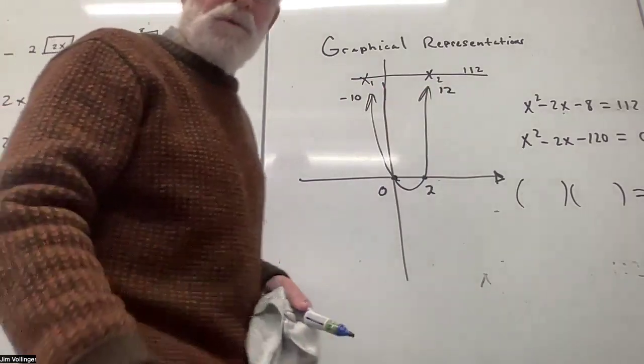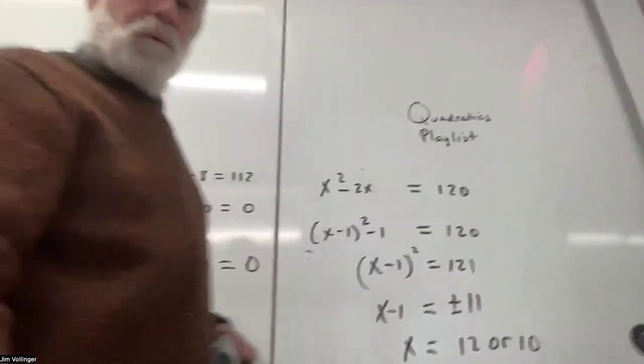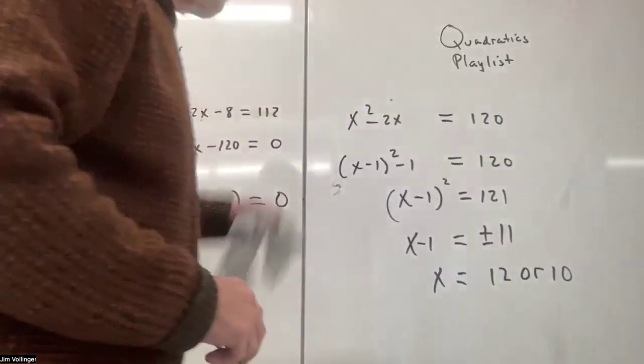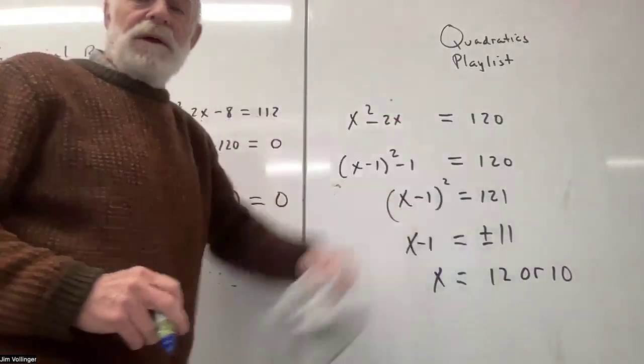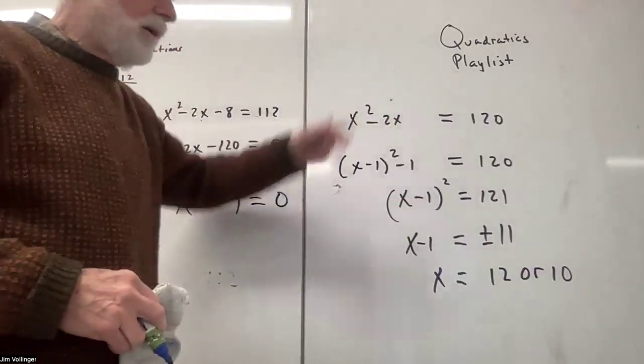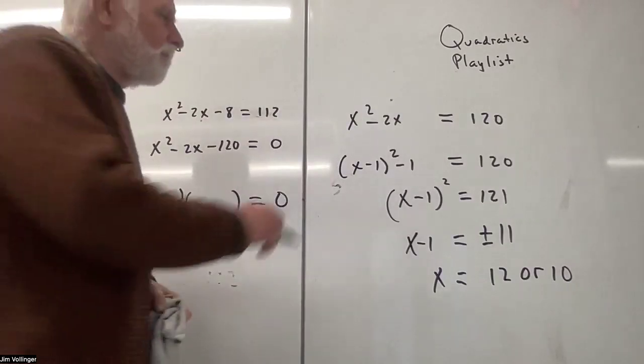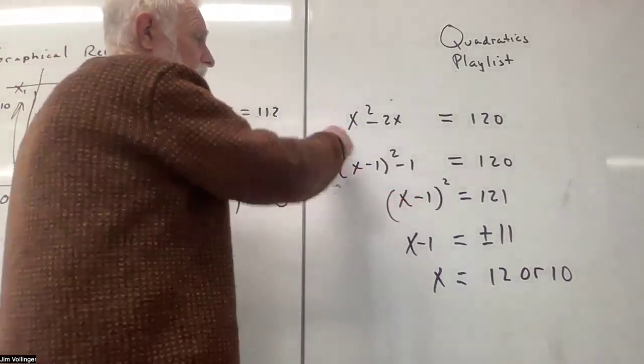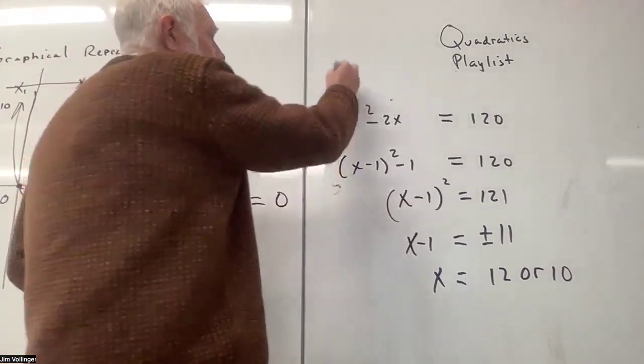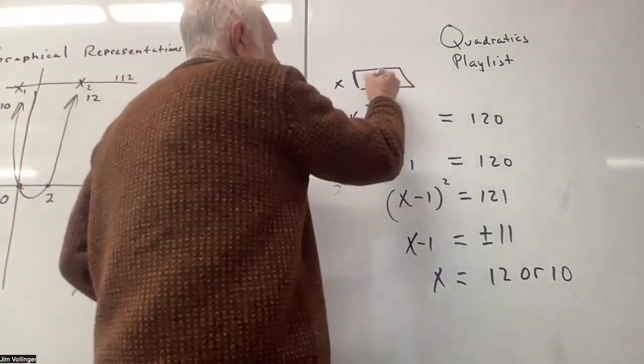Now, that's not the only way that we could have solved that. If we're working with pictures, we could have completed the square, and that's on the quadratic playlist where I draw the completing the square geometrically. But from an algebraic standpoint, if we have a square, x, I guess I got to show it a little bit, x minus 2.